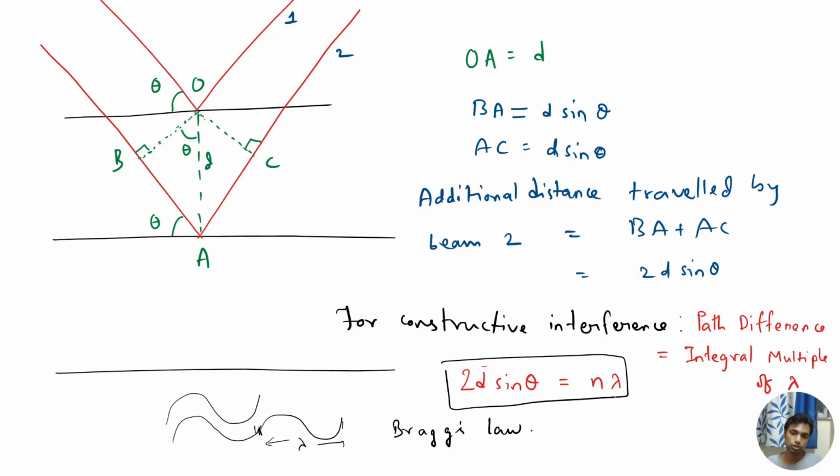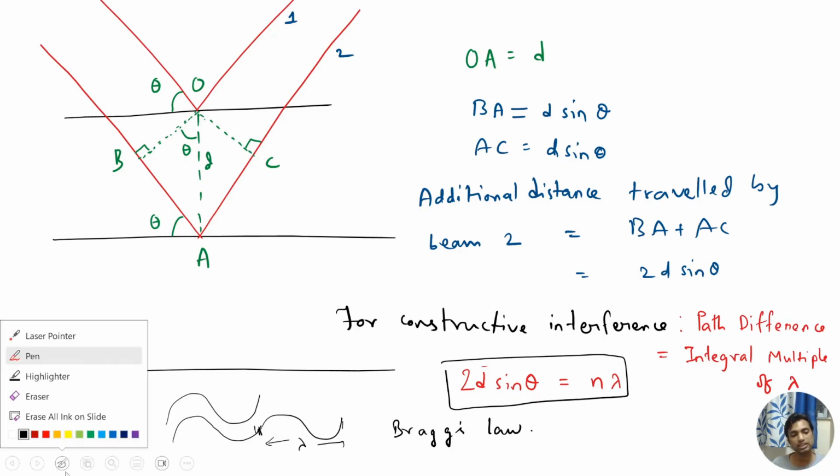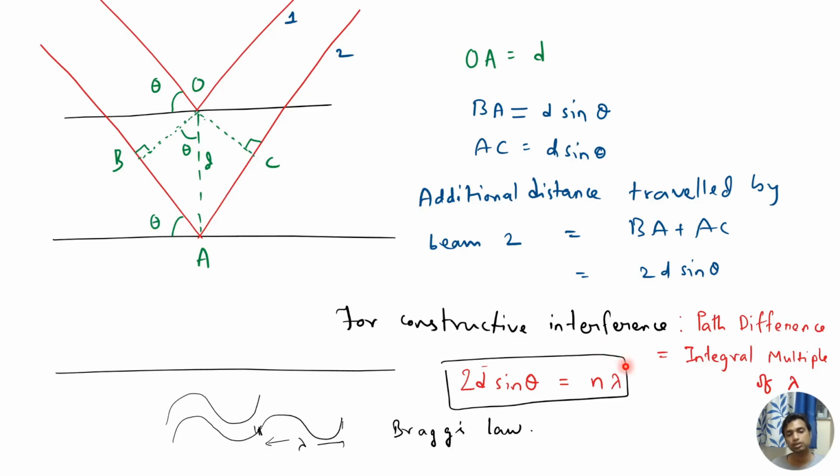Okay, so what we have here is the path difference, which is shown on the left hand side, 2d sin theta. It has to be equal to n lambda, where n is an integer. So this condition is called the Bragg's law.